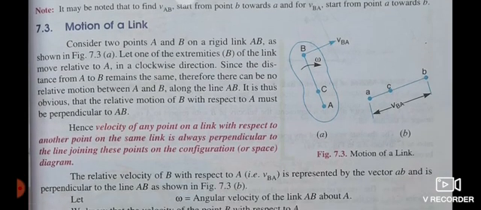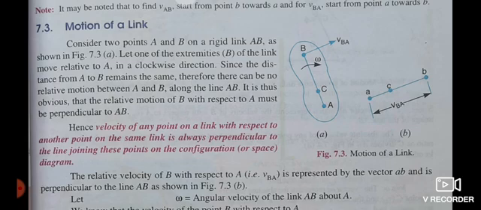If we see here, consider the 2 points A and B on a rigid link AB as shown in figure 7.3a in the right side figure. Let one of the extremities B of link move relative to A in clockwise direction.